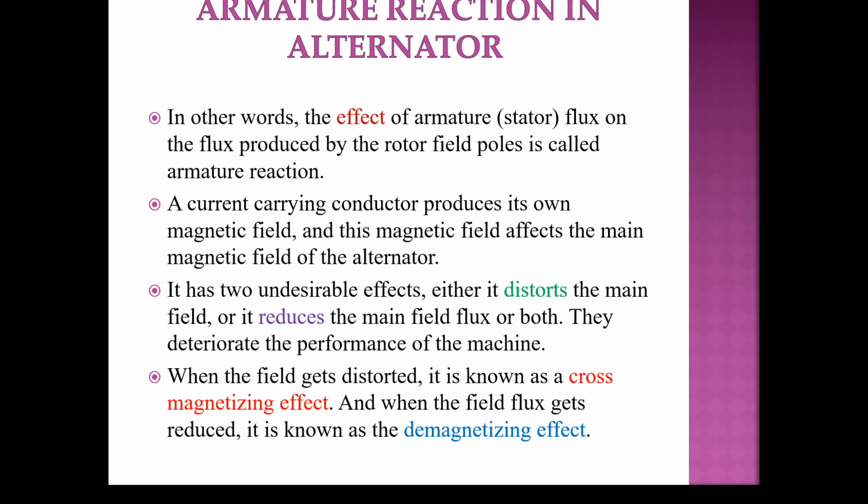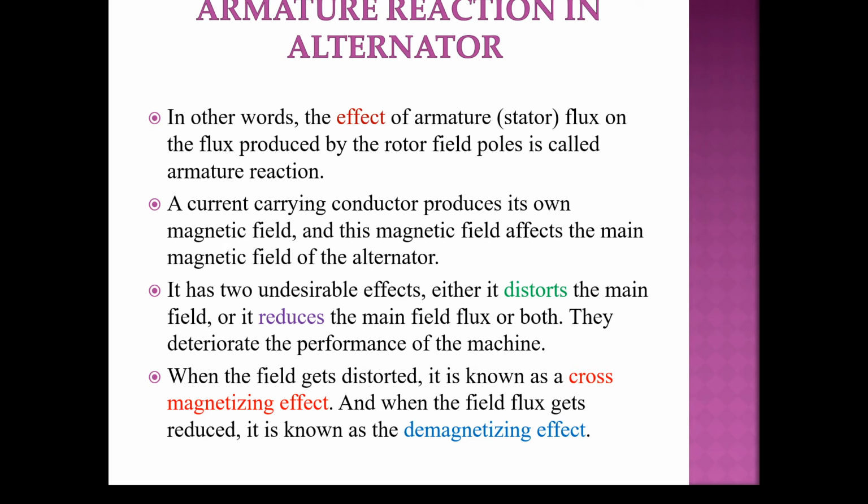Alternator is also called AC generator or synchronous generator. We can say that the effect of armature flux on the flux produced by the rotor field poles is called armature reaction. Now let us see the effects of armature reaction.